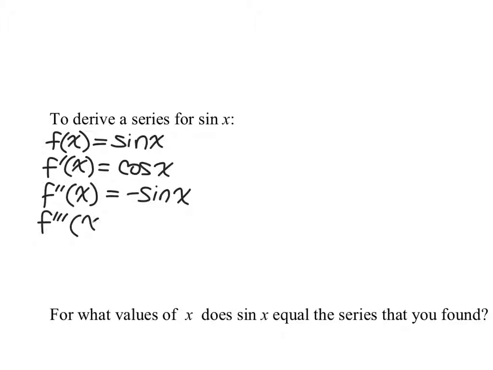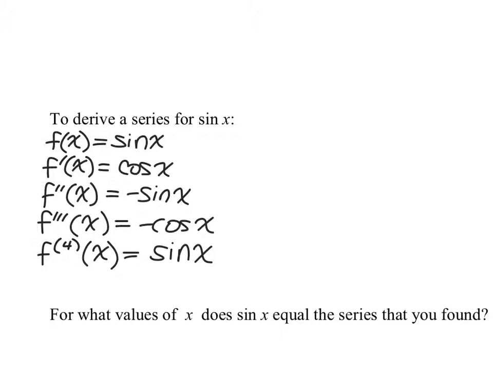Triple prime is negative cosine of x. The fourth derivative gets us back to sine. All right, so that's where the cycle starts over again.